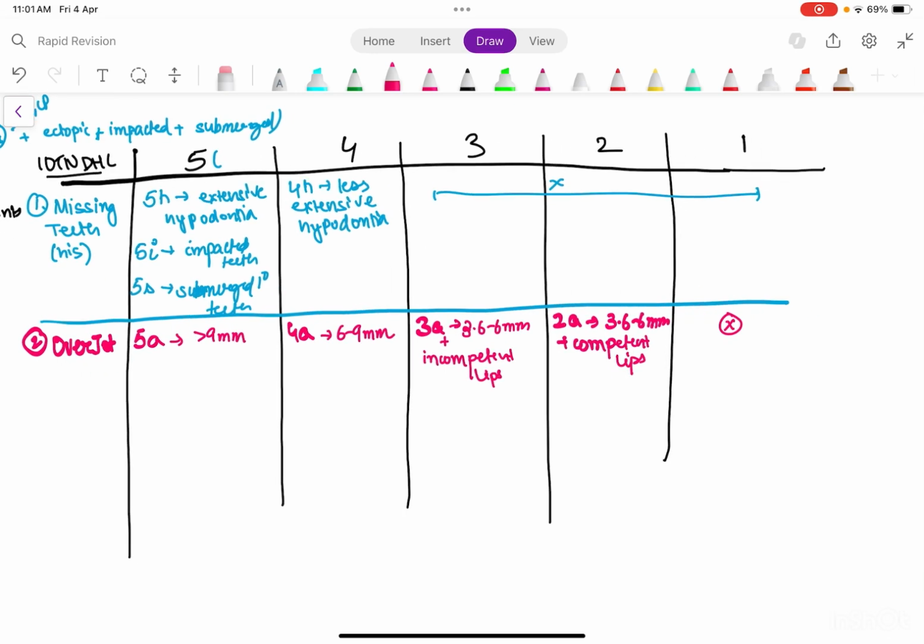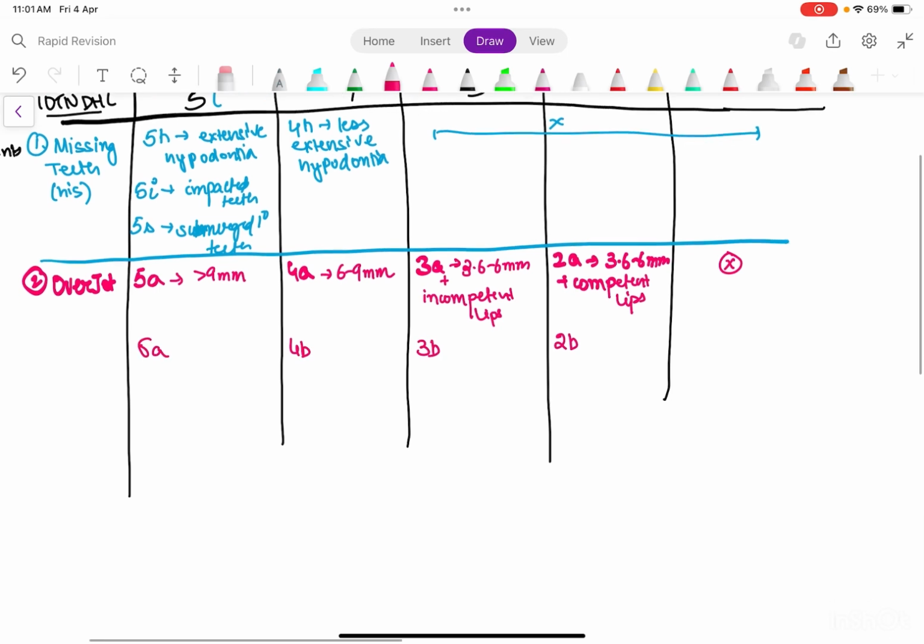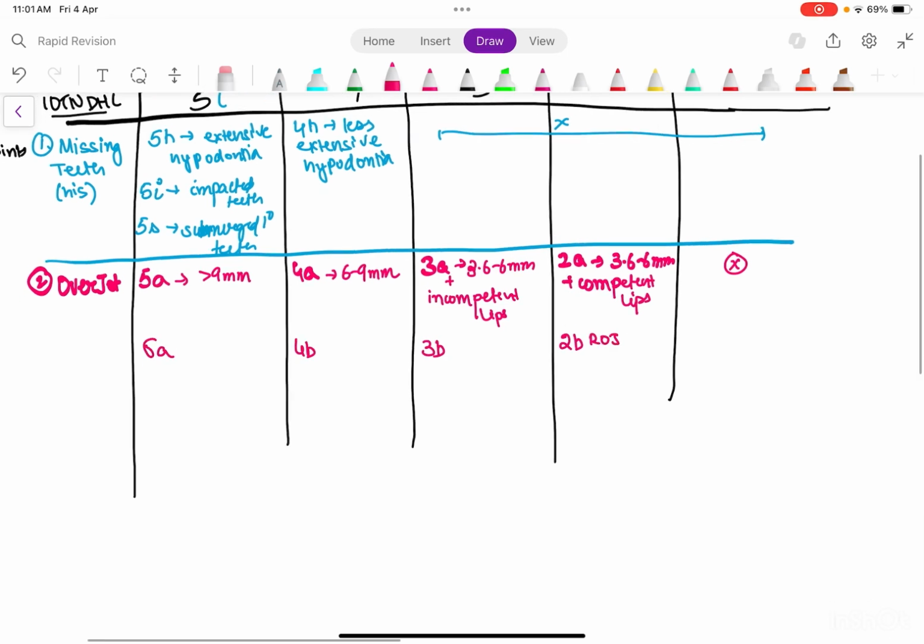Now in this we have a second component also. I told you in overjet we also include reverse overjet, so we'll talk about reverse overjet. The second component is B. Again just know the values. For reverse overjet, 3B is 1 mm to 3.5 mm. 4B has more than 3.5 mm, with no masticatory problem or speech difficulty.